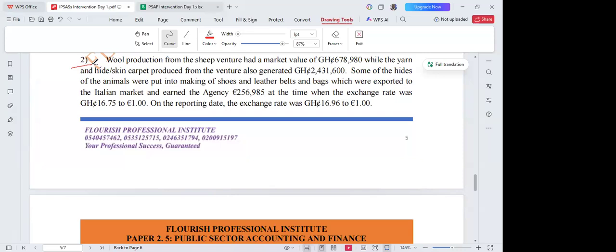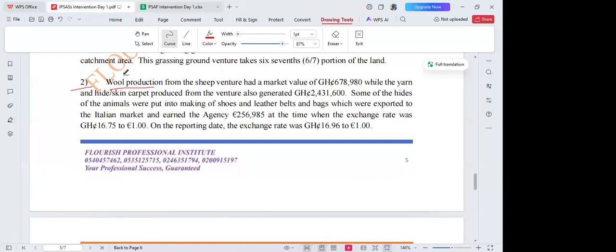The wool and the hide. So the wool production is one. Two is the hide and skin carpet. Okay, Linda, your hand is up. The hides too have been used to produce shoes and leather bags as well. Okay, so third one we have shoes and leather bags as well.